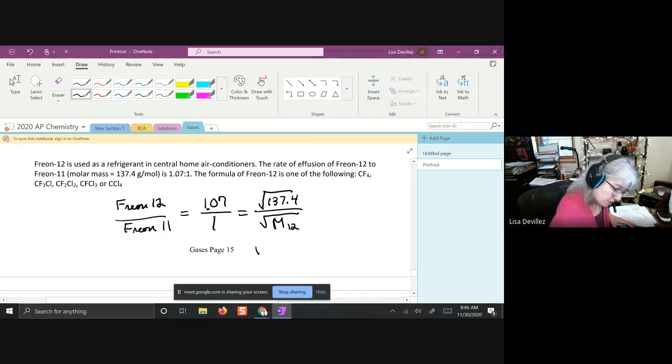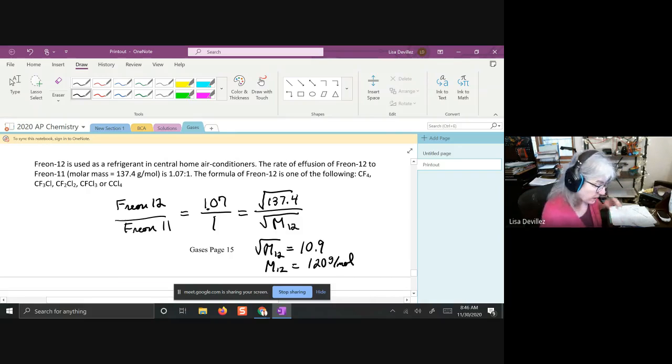So I get that the square root of that mass is 10.9. So I'm going to square both sides, and I get about 120 grams per mole.